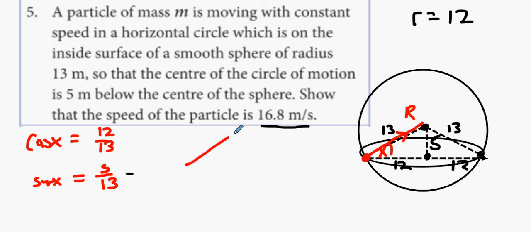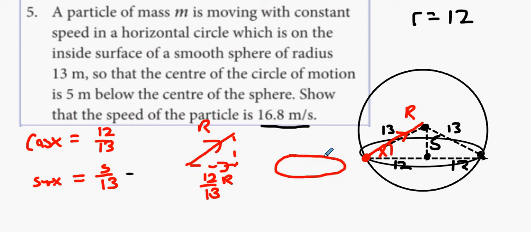So our R values: R cos x and R sin x are 12 over 13 R, which is what drives the horizontal circle, and up versus down, 5 over 13 R going up. Now we're going to do what we did last time: what goes up equals what goes down.